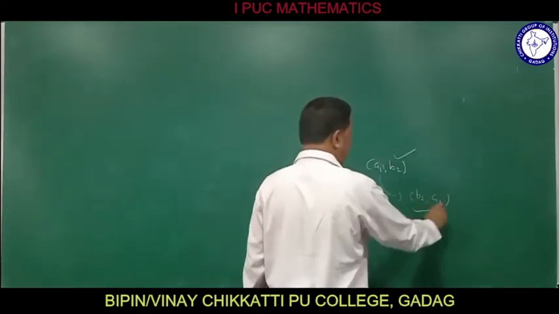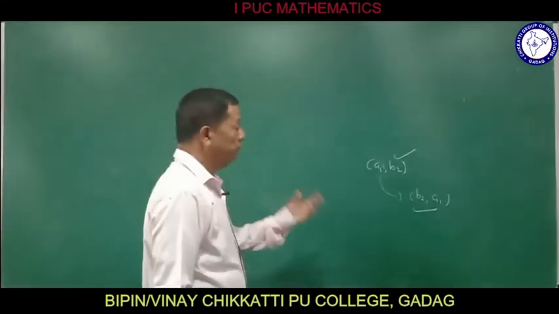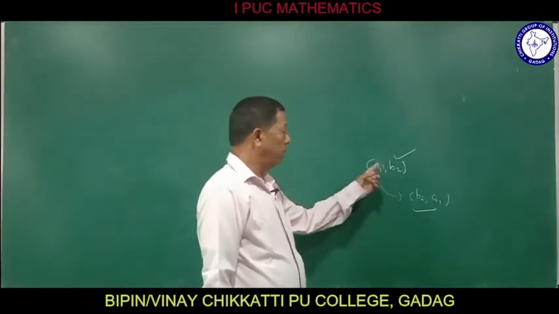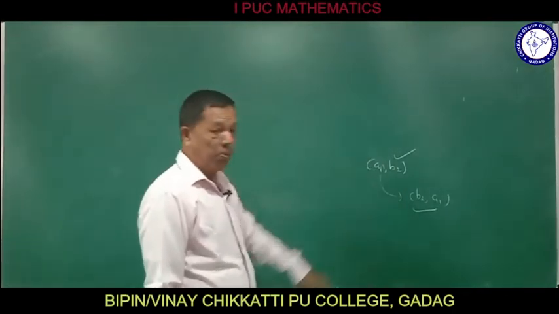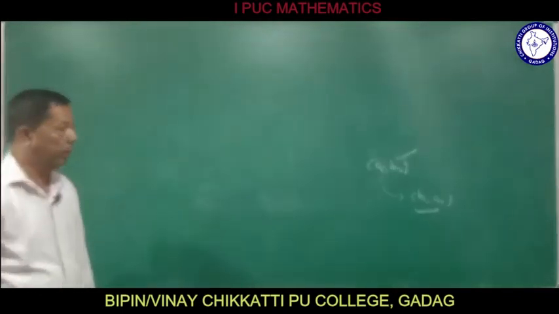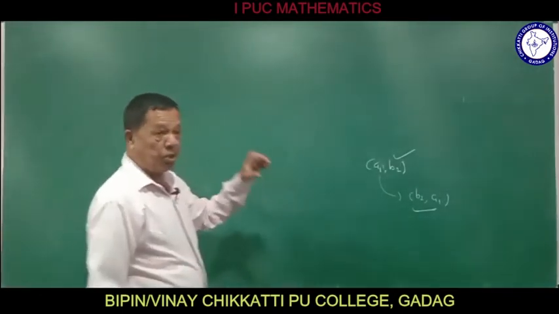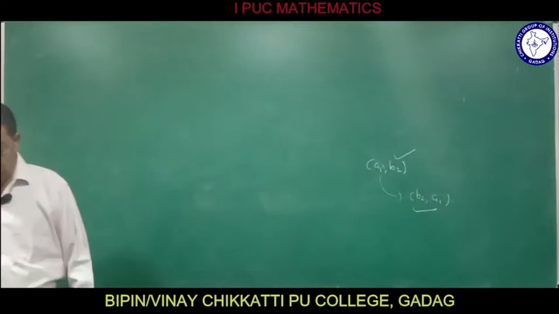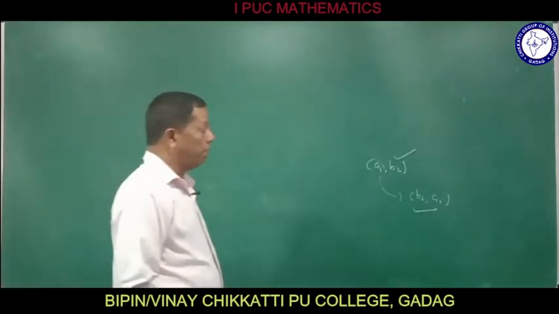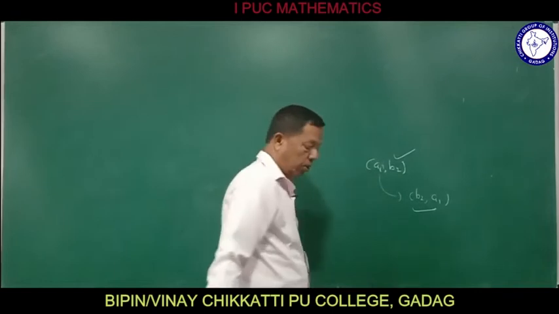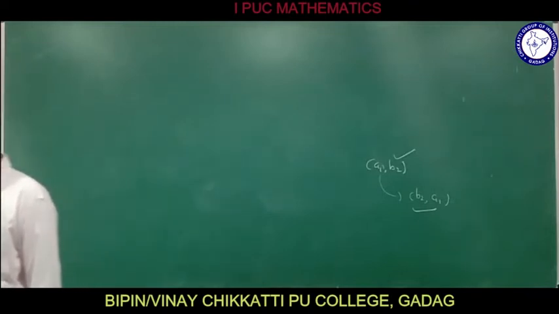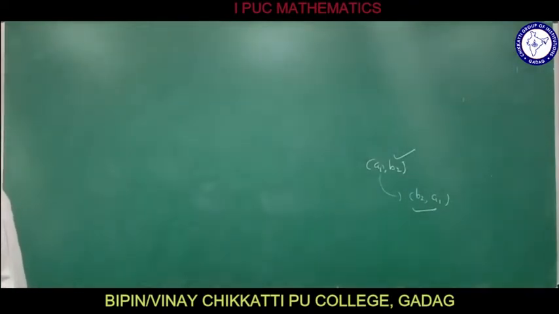A1, B2 is different, B2, A1 is different. Ordered pairs are used to represent points in the plane. So the ordered pair A1, B2 is not equal to A2, B1, because their positions in the plane are totally different, and that is why we take it in that fashion.